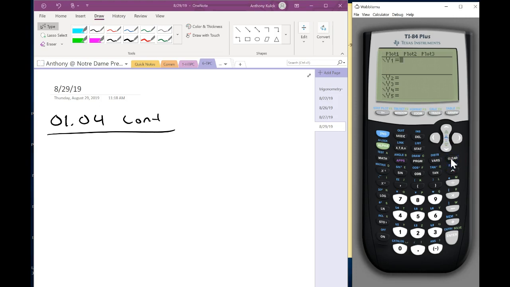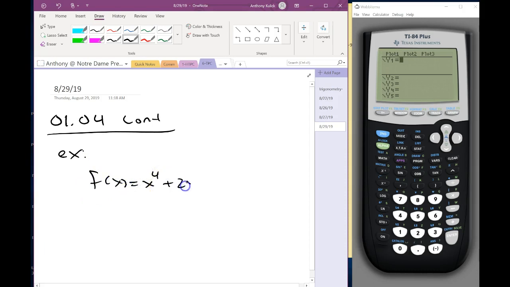So let's say that we have the function f of x equals x to the fourth plus 2x cubed minus 4x squared minus 3x plus 1.